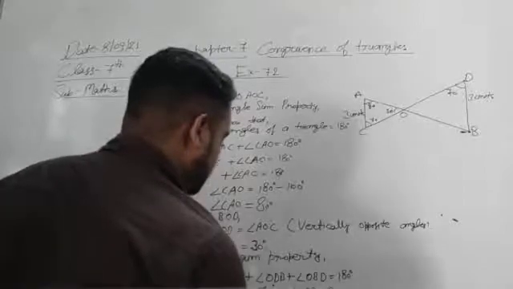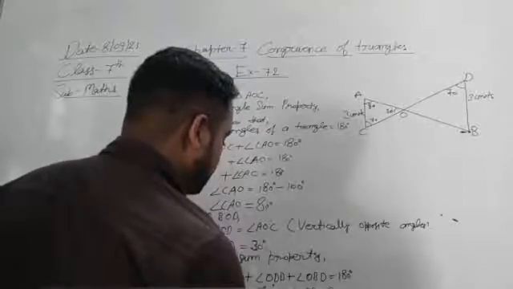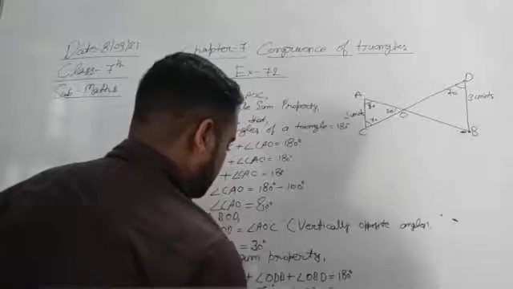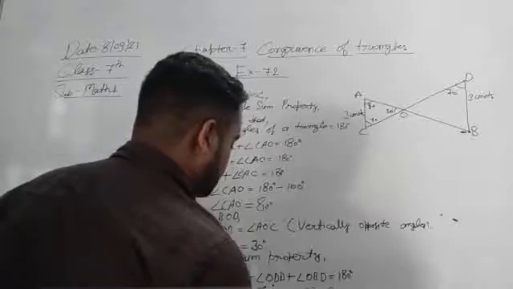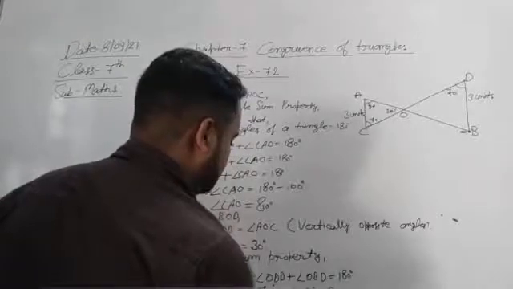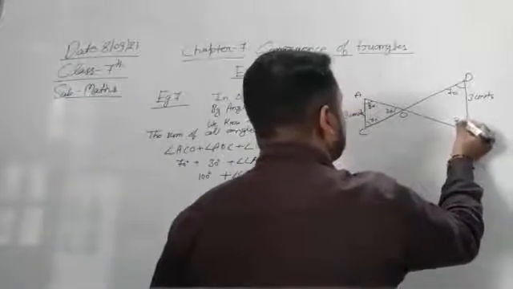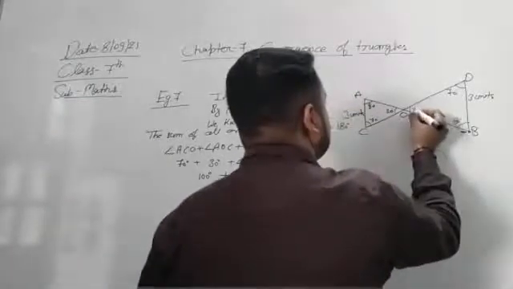So angle OBD is equal to 180 minus 100, so angle OBD is equal to 80 degrees. Here OBD is 80 degrees, and here it is 30 degrees.